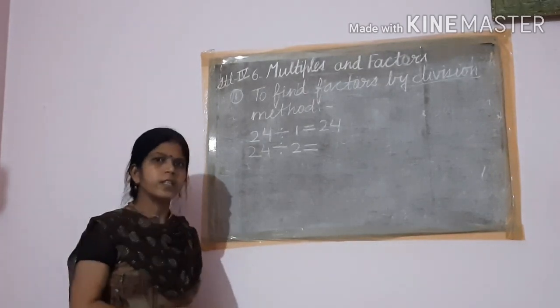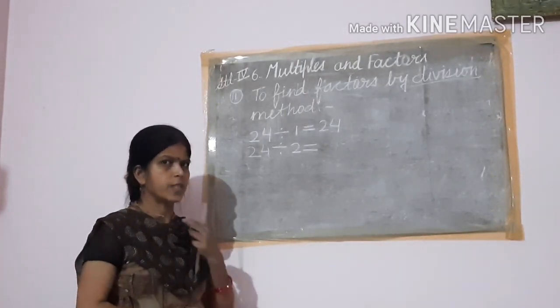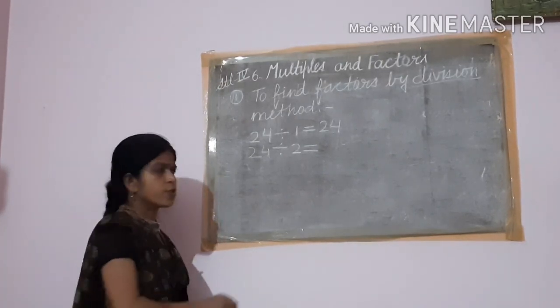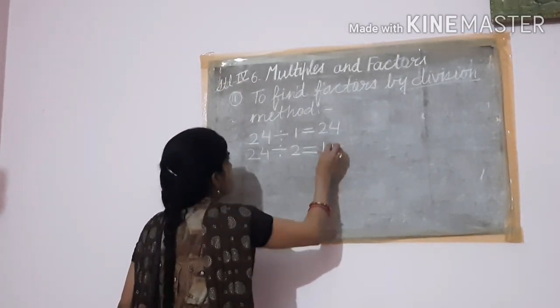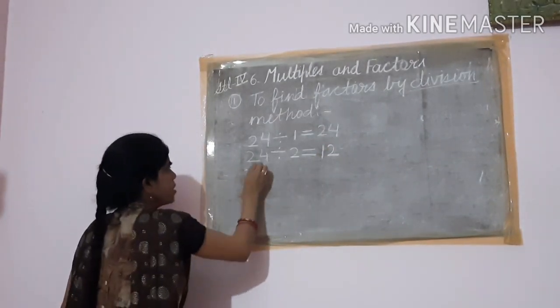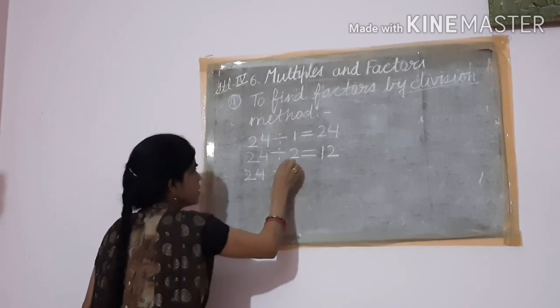But here children you are in standard 4, so I hope you know the table of 12. So 12 twos are 24. So here the quotient is 12. Yes.